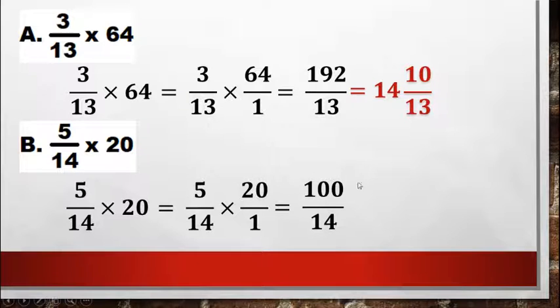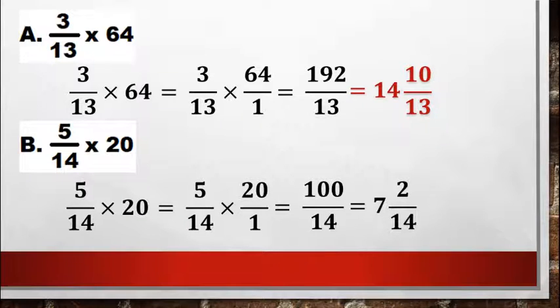Because this is an improper fraction, we need to divide it to get our simplest form as a mixed number. 100 divided by 14, we got the answer of 7 and 2 over 14.